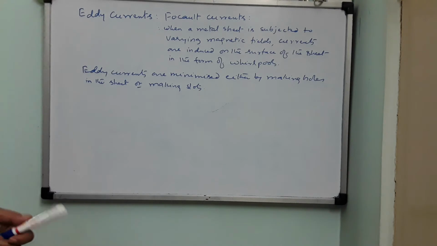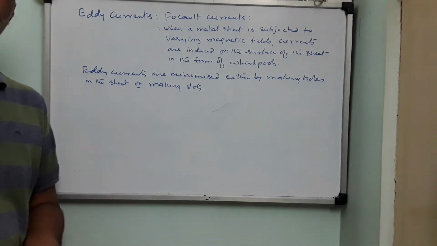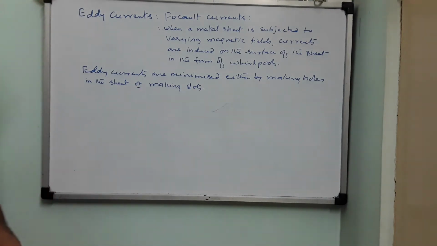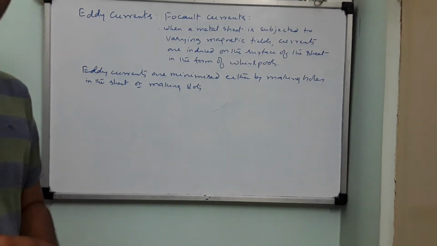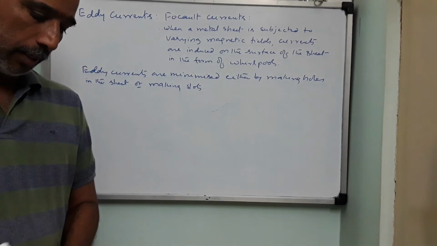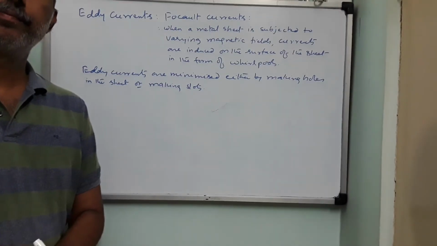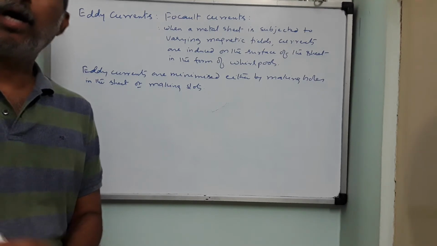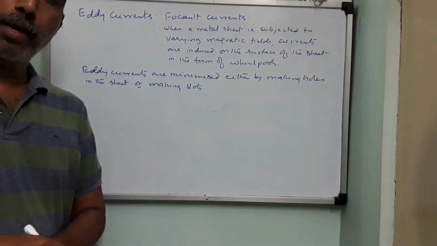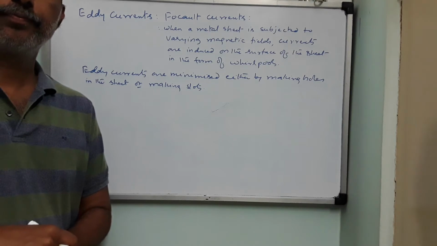Now what are the advantages and disadvantages of eddy currents? Eddy currents are very much required in certain applications like magnetic braking of trains. On the rails, generally what will happen? Above the rails, some electromagnets will be arranged.